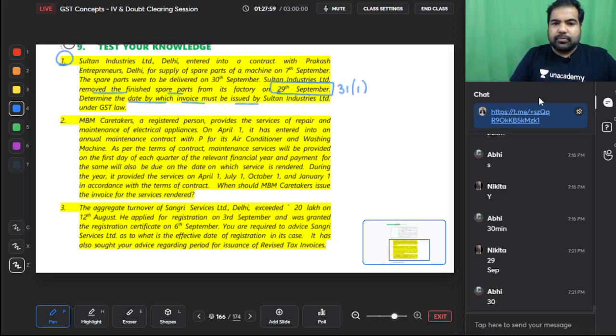Next, this one guys looks like a continuous supply of services. Over to you all. When should the supplier issue invoice for services rendered?